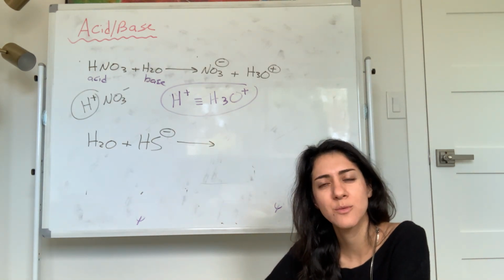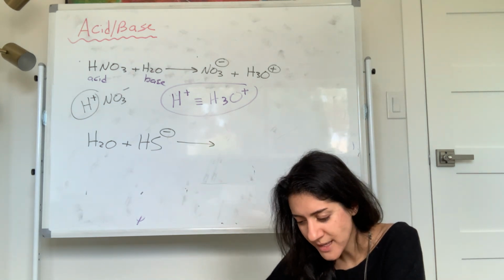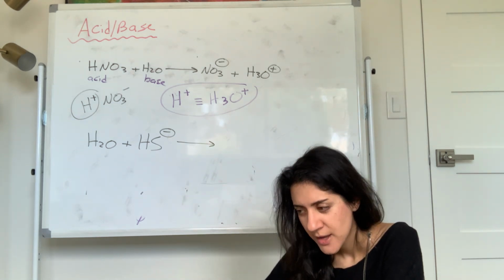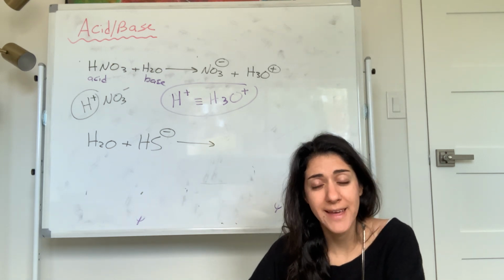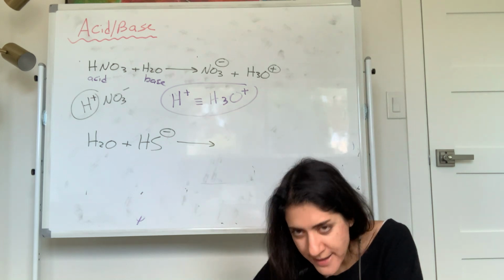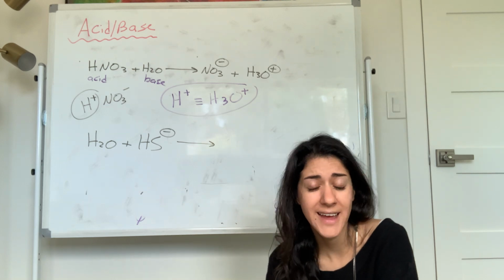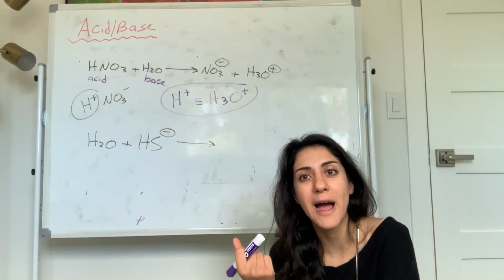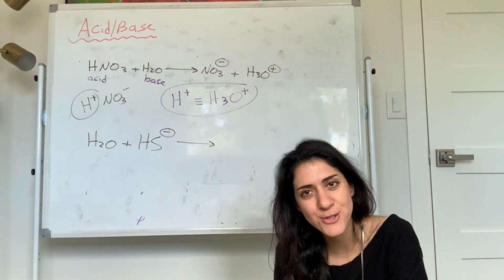HS minus, what is that going to act like? Remember what we said? We said that in order to be a base, you need to have an extra electron. You guys remember that? You need to have an extra electron in order to be a base because you need the extra electron to be able to afford the H plus. Does HS minus have an extra electron?